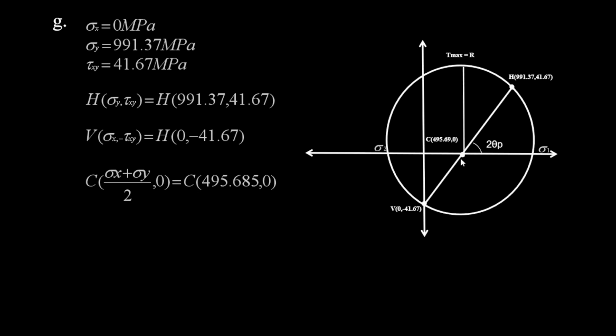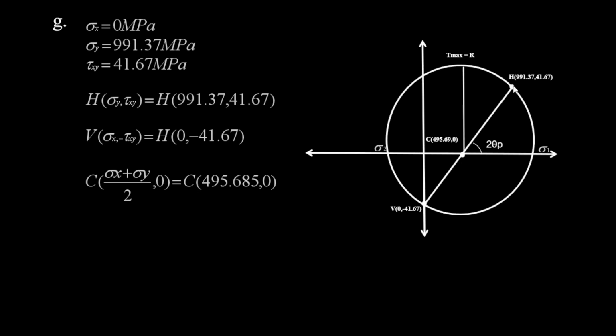The sigma is also on the circumference, right? From the center over here to this point is the radius, which means that center plus radius gives me sigma 1, and center minus radius gives me sigma 2. From this graph, I can find everything I need.